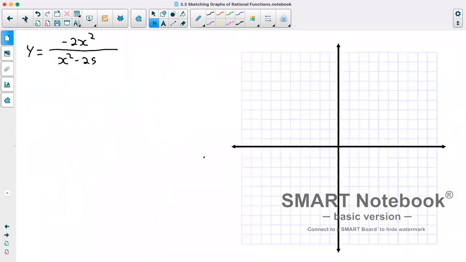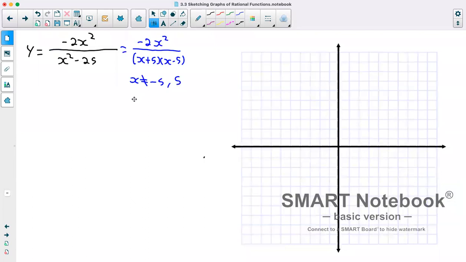Next example, we've got negative 2x squared over x squared minus 25. So it doesn't look like we're going to be able to cancel anything out, but we'll still factor out our denominator. So this is a difference of squares, so it becomes x plus 5 times x minus 5. So we have x cannot equal -5 and positive 5.